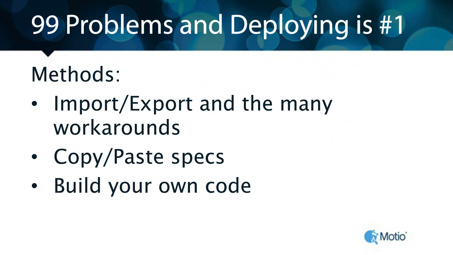If we look at the current way of people doing deployments, the export-import method is delivered by IBM Cognos out of the box. And that has caused many customers to look for better ways. They started to make some code themselves.